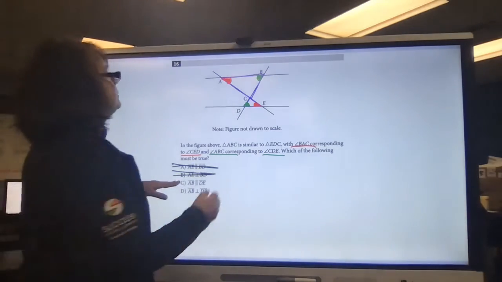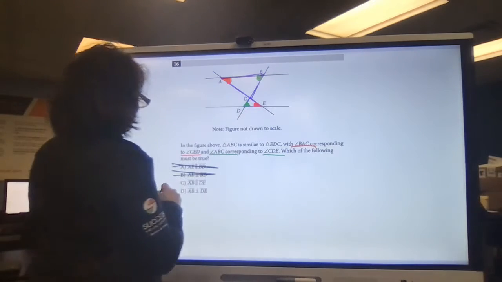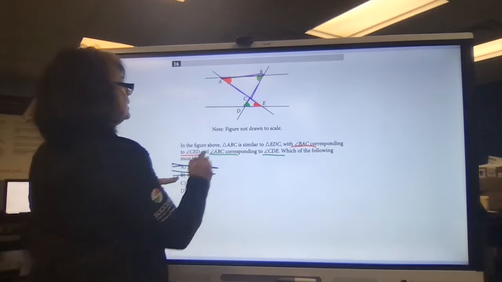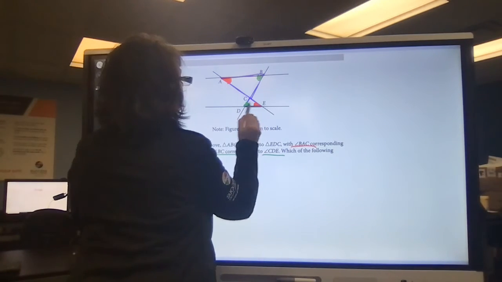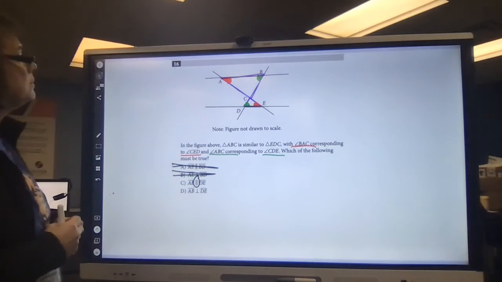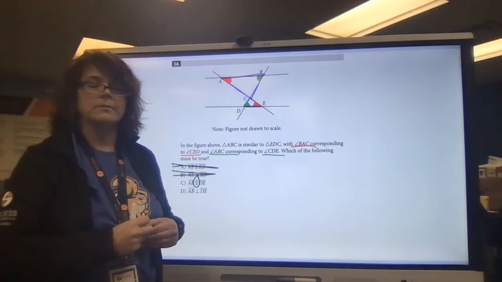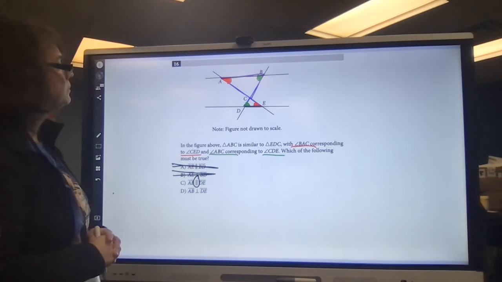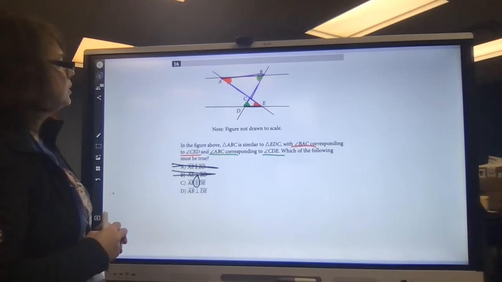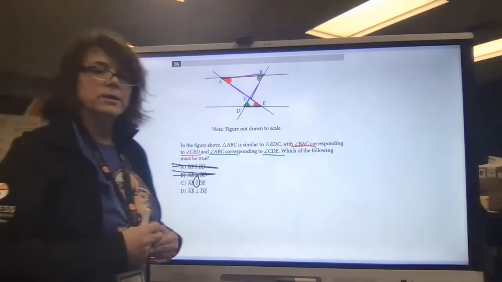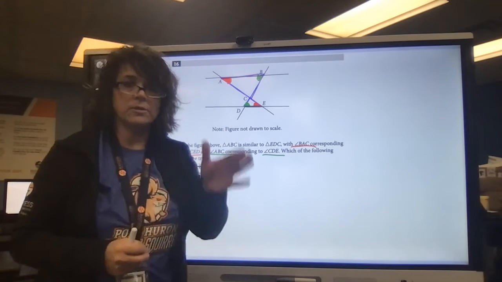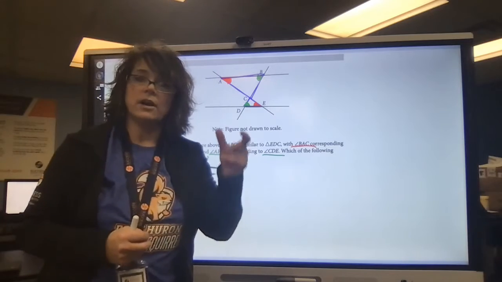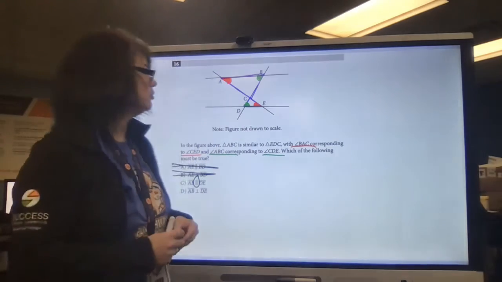C says segment AB is parallel to segment DE. All right, so what we know about congruent triangles, similar triangles, is that the angles are congruent to each other, right? We also know that the sides, now they're not going to be the same length, okay? The angles are what are the same in similar triangles.